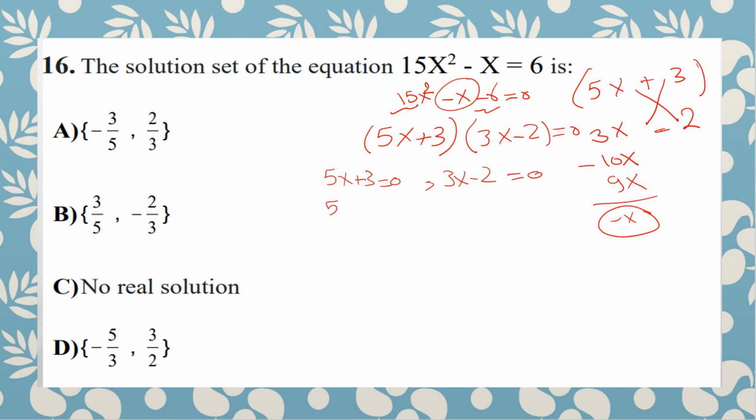So 5x equals -3, and x equals -3 over 5, and 3x equals 2, so x equals 2 over 3. So the solution set would be -3 over 5 and 2 over 3, and the correct answer is A.